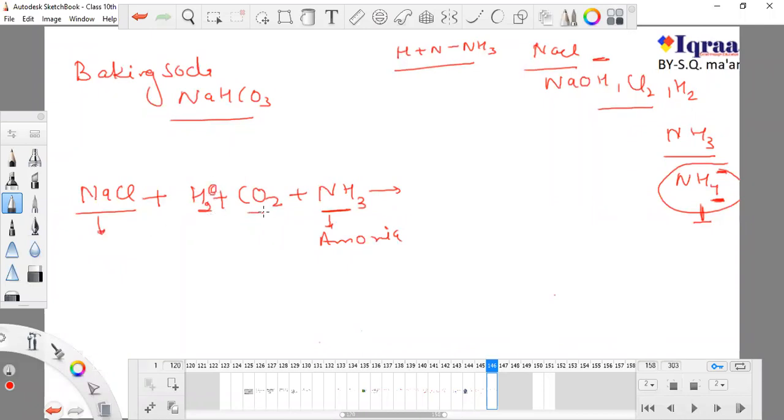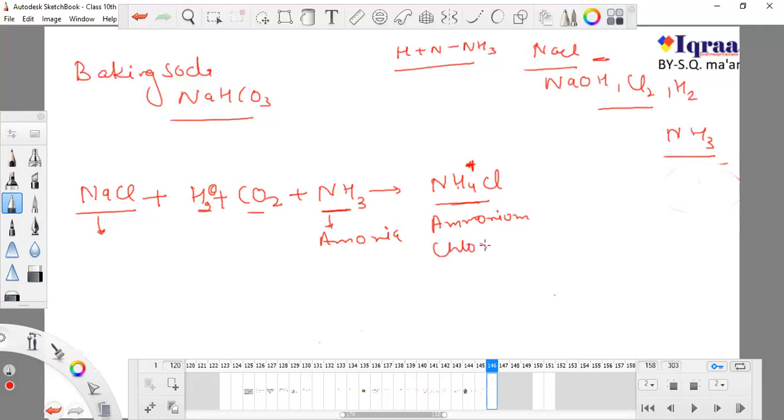H2O, water and CO2. Now in this reaction, ammonia will form ammonium chloride. Remember, this is ammonium chloride. It has a positive charge.